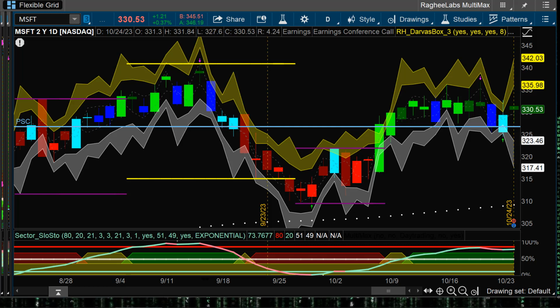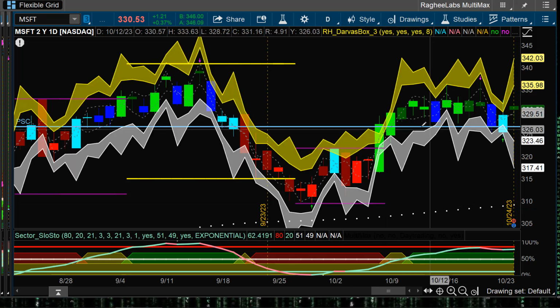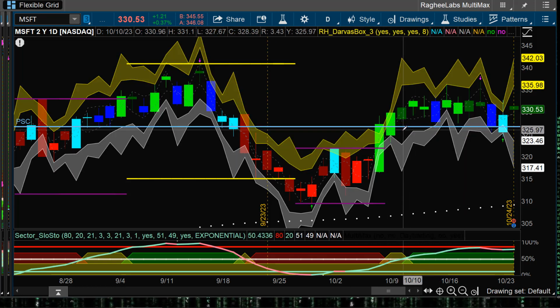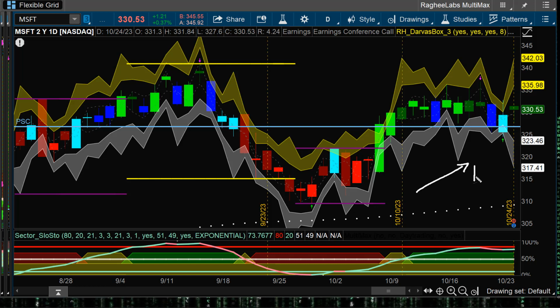Now, as we get about 1 week into earnings, maybe 2, so that would put us around the 10th, we're going to start to see implied volatility move higher. In this window, as the implied volatility moves higher, the premium goes higher, and it starts to favor people who write credit over people who like to buy the debit.